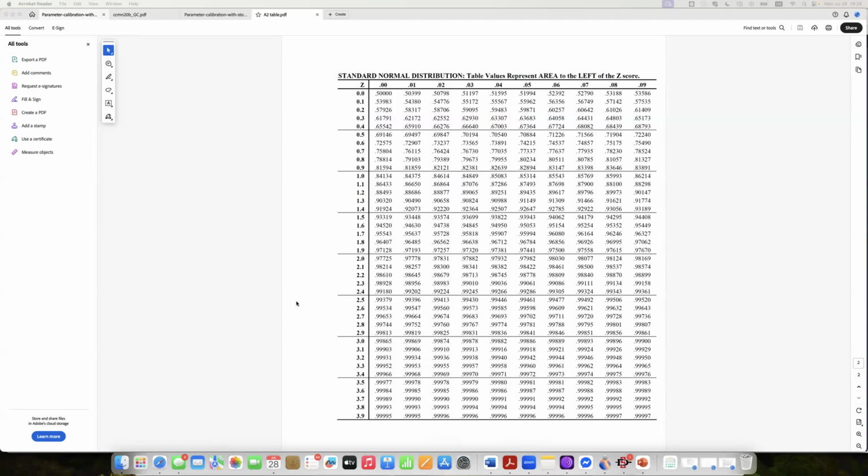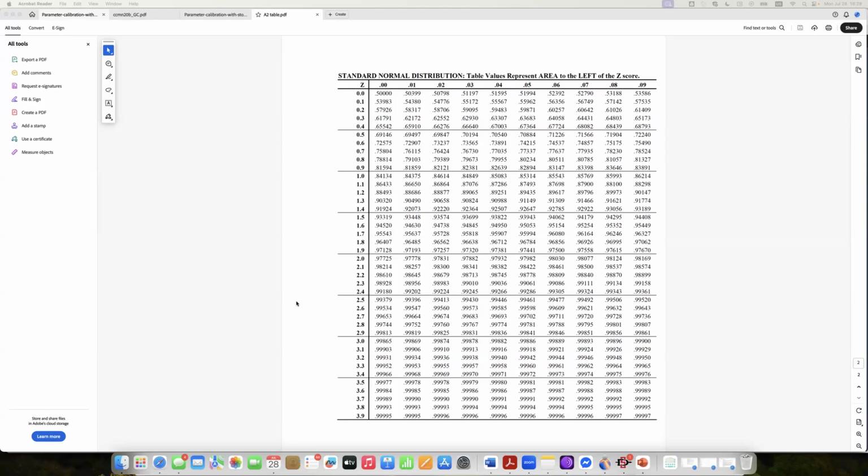If you look at this table, let's look at 0.975, right? 0.975.